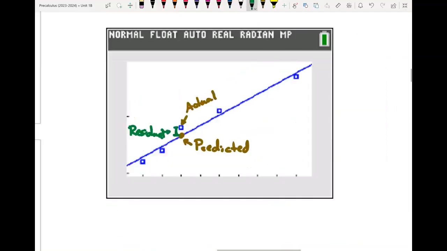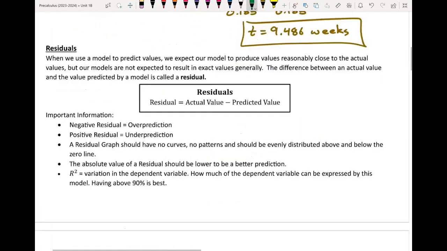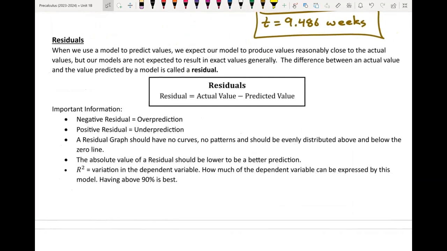All right, so let's talk more about our residuals. As I said, residuals are the difference between the actual value and the predicted value. So we have an equation here. Residual equals actual value minus the predicted value. I was looking at a video yesterday about this, and the person in the video said you can remember this by remembering the acronym RAP, and they called it their residual RAP.